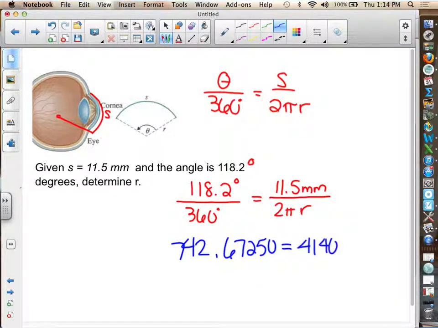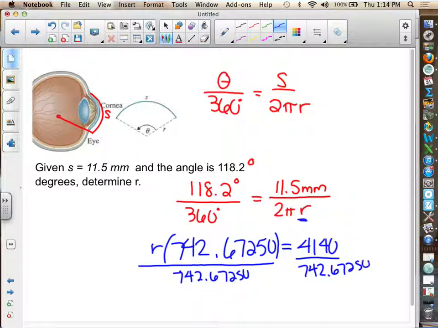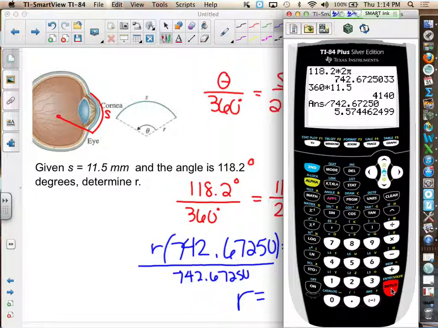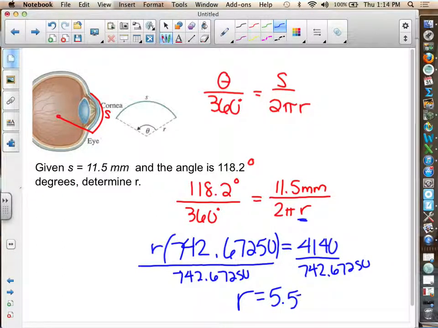And when I cross multiply this way, I forgot my r, so this thing is times r. Then if we divide by that coefficient, 742.67250, we get a radius of 4140 divided by that, which is 5.574. That was measured in millimeters.